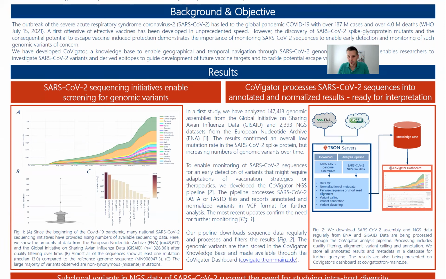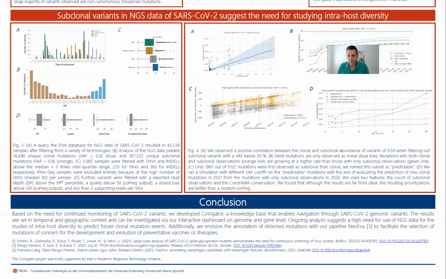In the second part of this poster, I would also like to share some preliminary observations using our data. Compared to other initiatives that focus more on virus variants using only the genome assembly data, the advantage of having the NGS data is that we call the mutations ourselves. So we further analyzed the 43,000 NGS data sets.